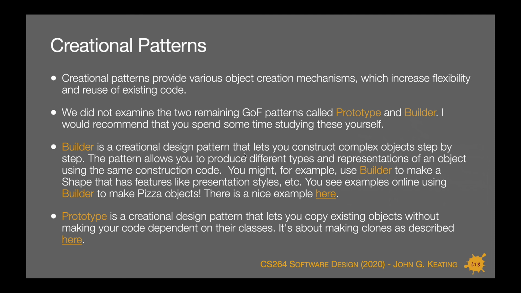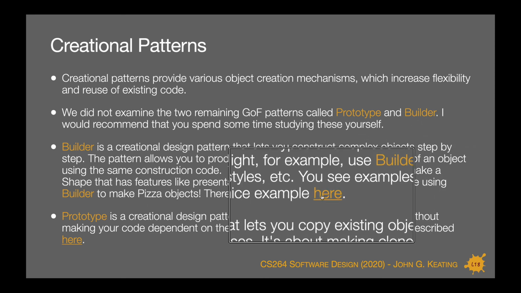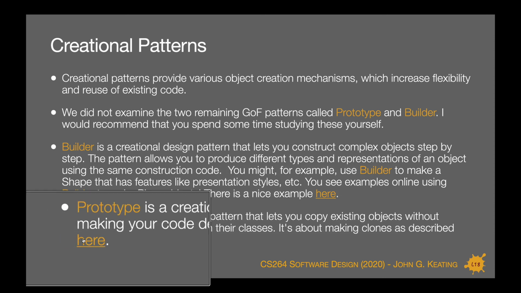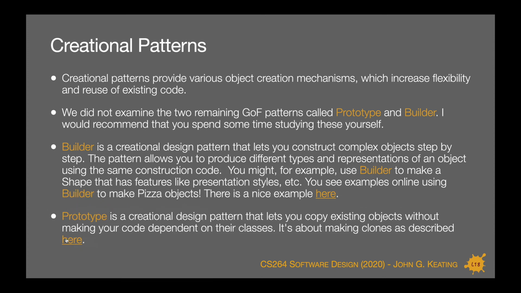And I've seen examples of building pizzas, of course, using factories as well, and not just builder. There's a really nice example of how to use the builder by clicking through to the textbook and to the examples. And the final creational type is prototype, and that lets you copy existing objects without making code dependent on their classes. Again, it's about making clones, okay? And you can look at the description of that here as well.